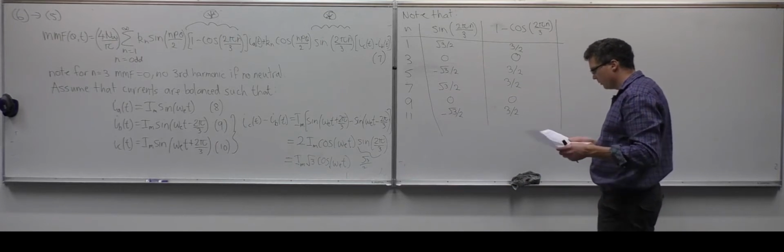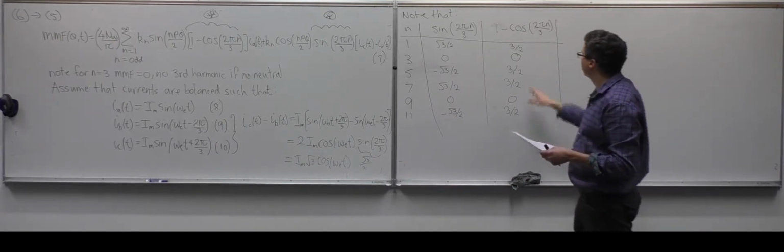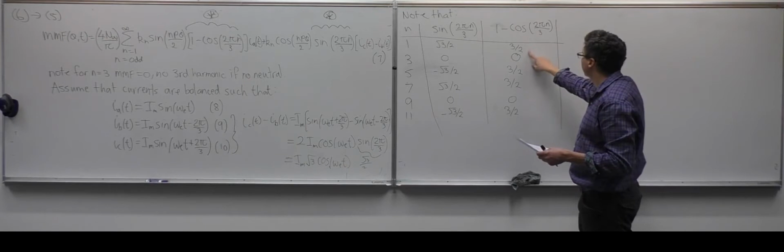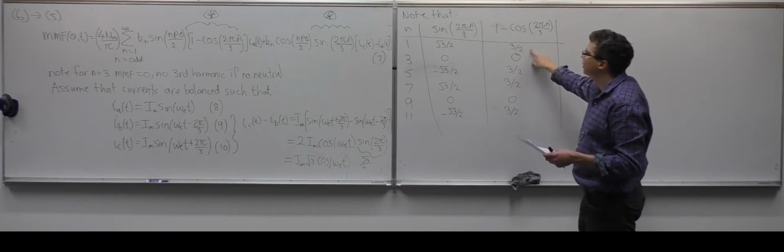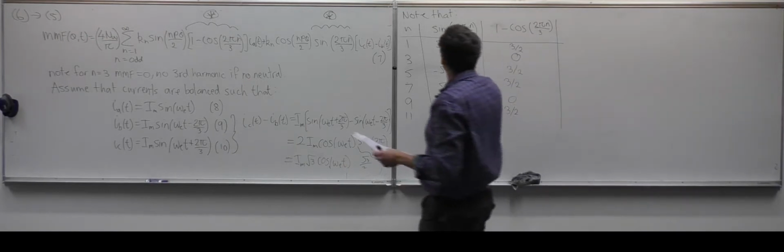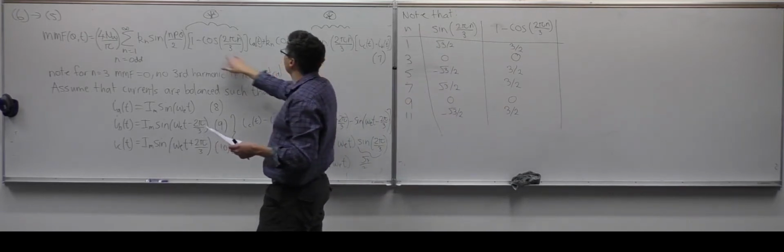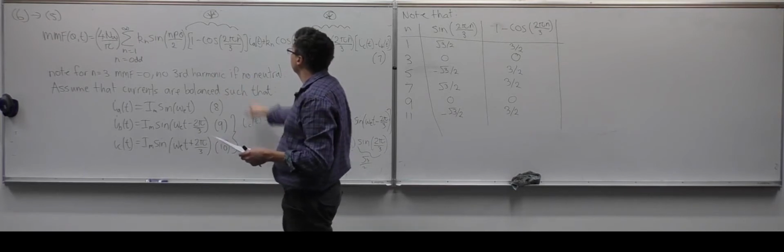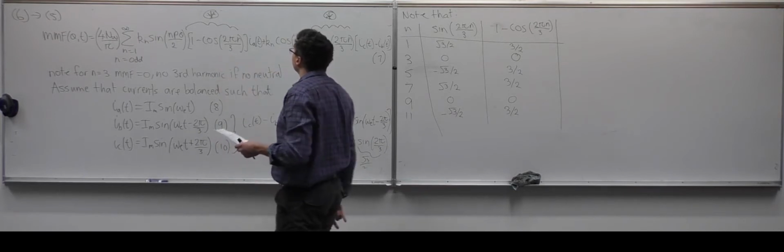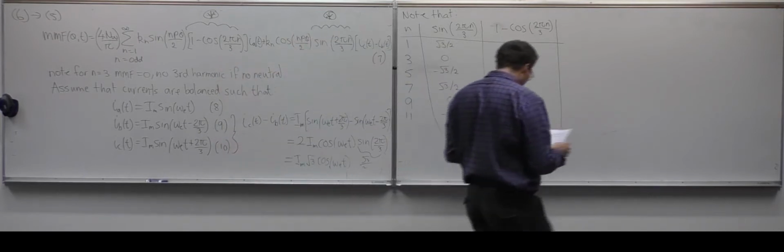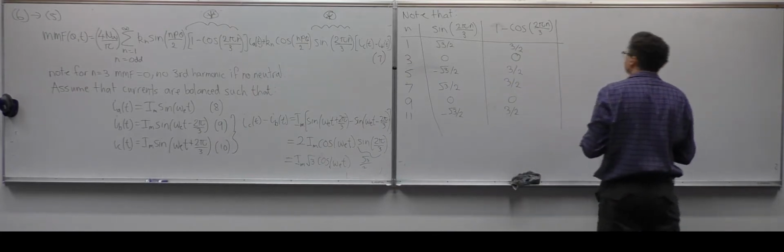Okay, so with that understanding, we can see that these terms can be used to replace the index terms. So let's do that. I'm going to group them into two parts.